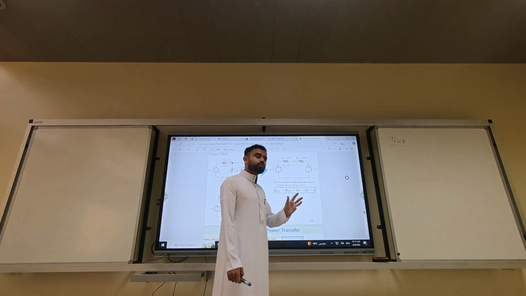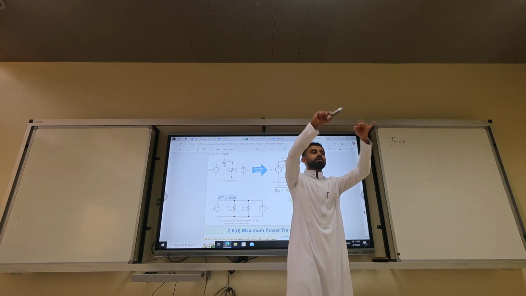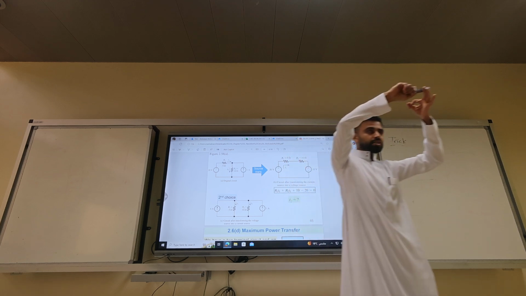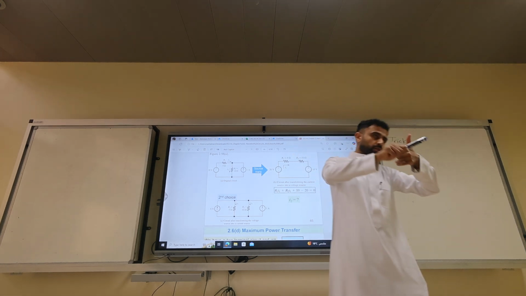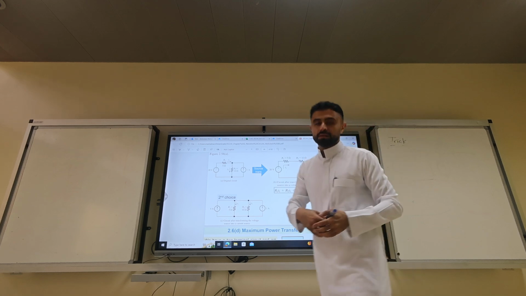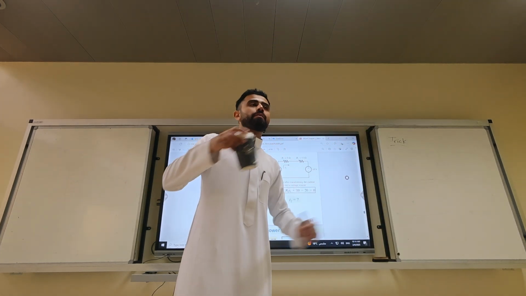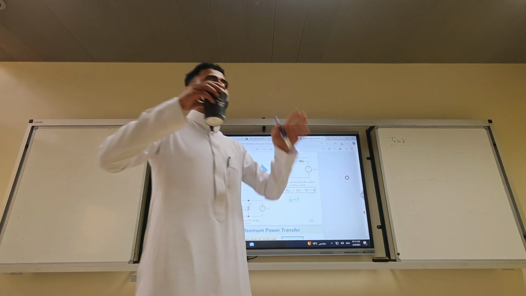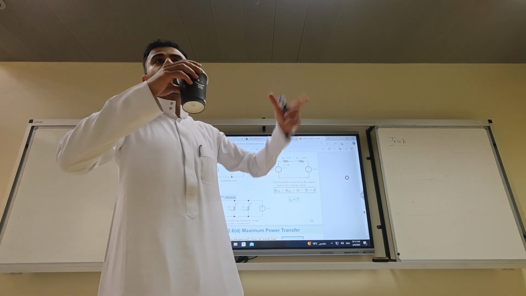So node voltage is a technique, mesh is a technique, source transformation is a technique, Thevenin and Norton is another technique, series-parallel is also another technique. If the problem asks you to use a technique, follow the problem. It's meant for a reason, either because it's easier or because the answers should be written in the standard form, for example.